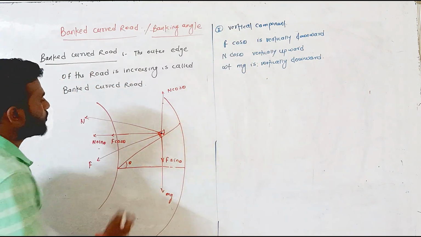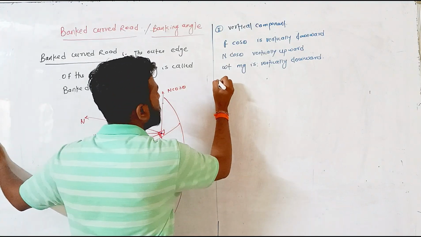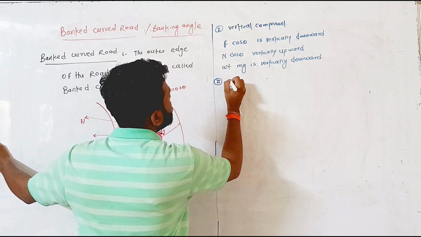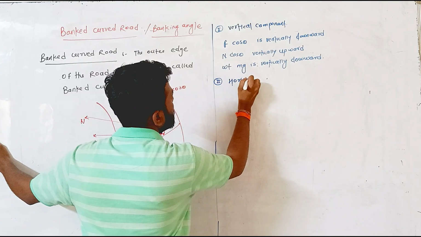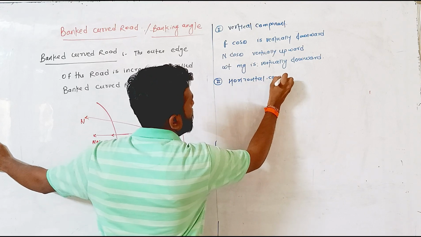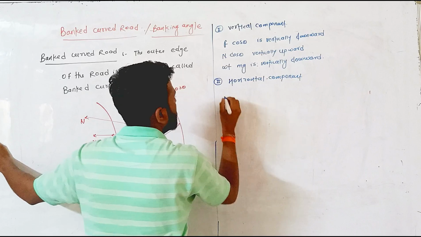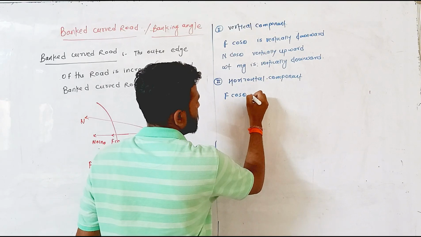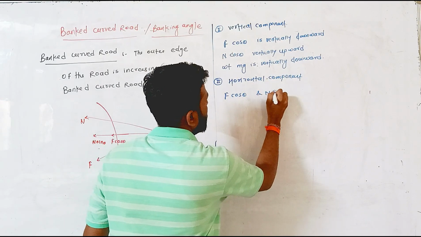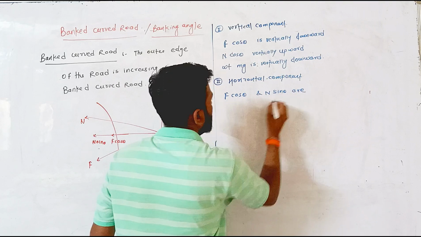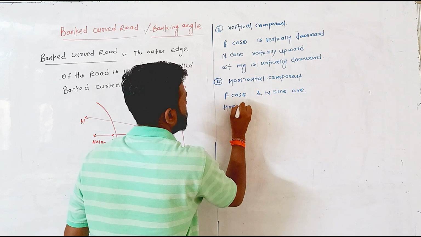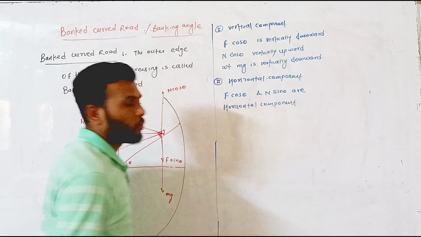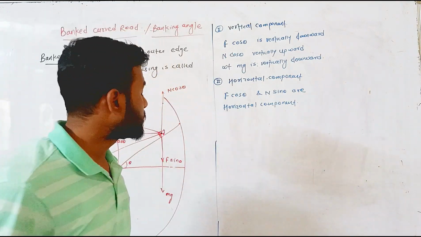Now we see the horizontal component. In the second step, F cos theta and N sin theta are the horizontal components, which provide centripetal force.